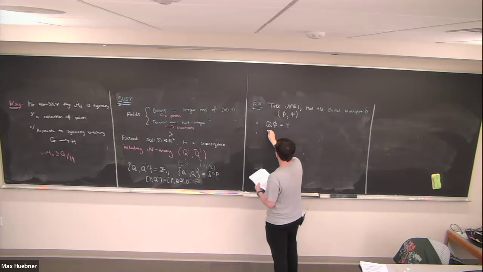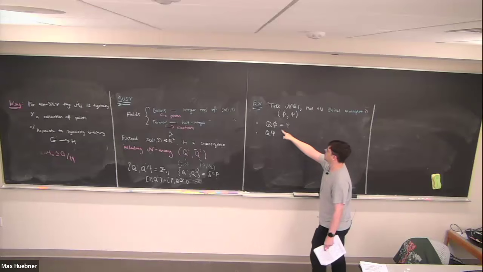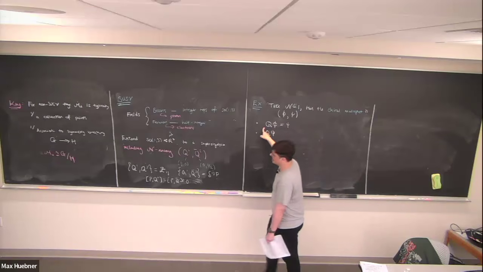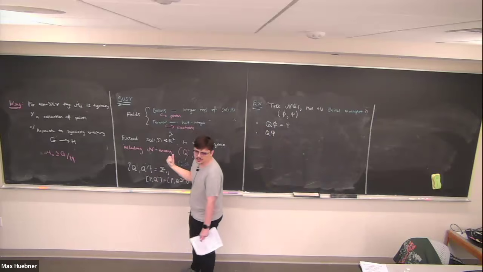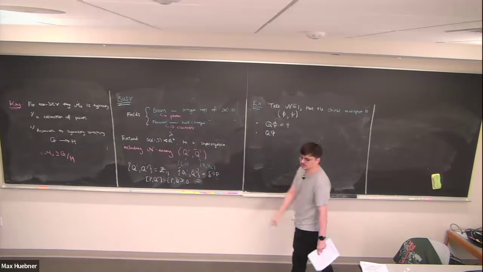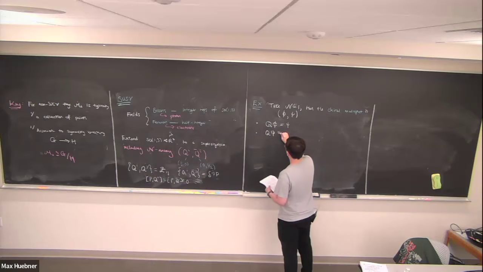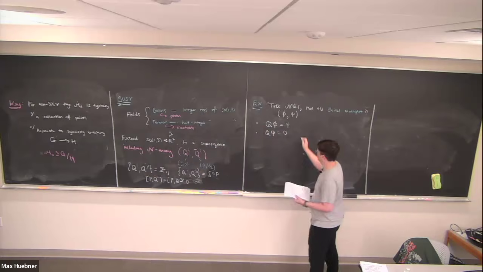Similarly, if I now consider Q of this, well, because of this, I now have a Q squared. So if I want to implement this, then I have to try and make it equal to this central charge. But I'm going to take these to be 0, and in N equals 1, the central charges vanish anyway. Okay? So this thing identically vanishes.